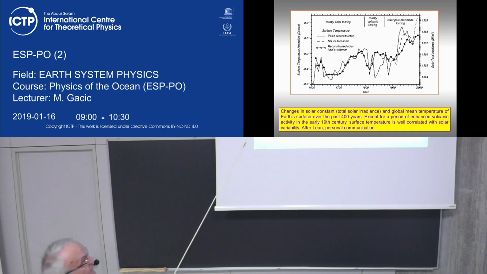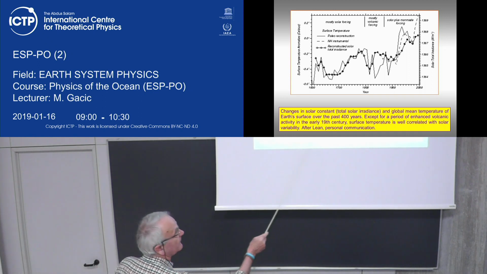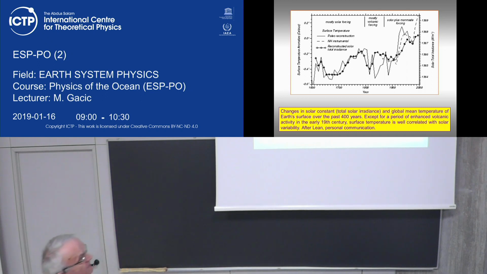Here is something which explains to what extent and how the global mean temperature of the Earth's surface changes as a function of solar radiation. And this shows us to what extent these two things, solar activity and the temperature, are intimately related to one another.